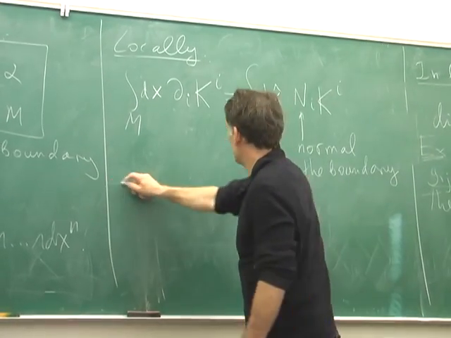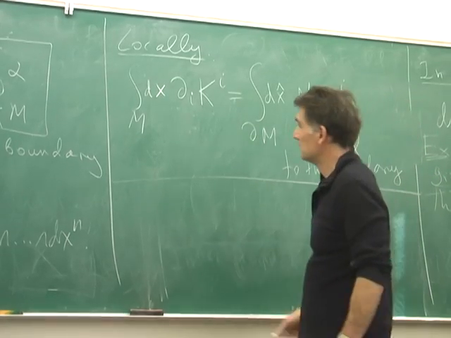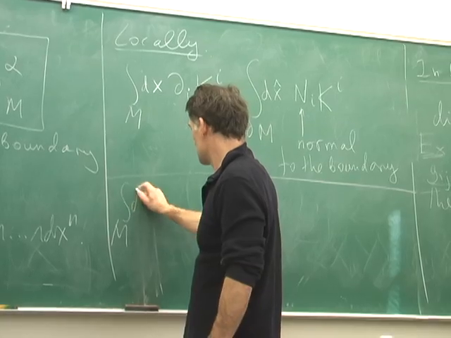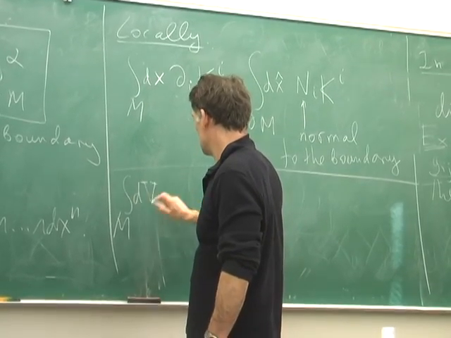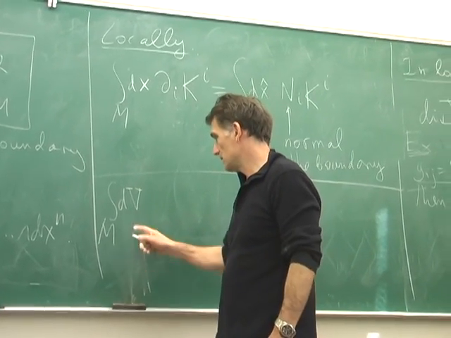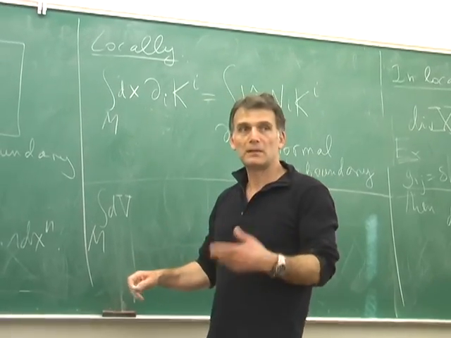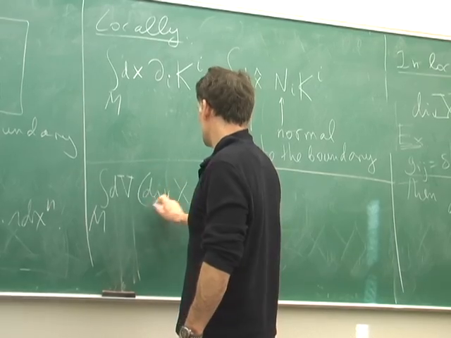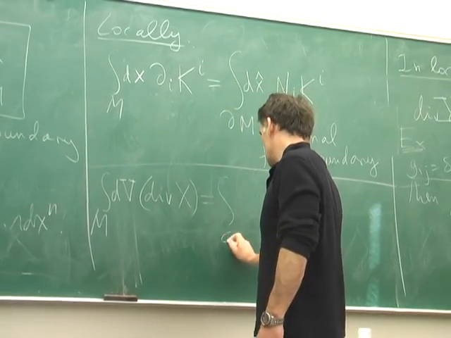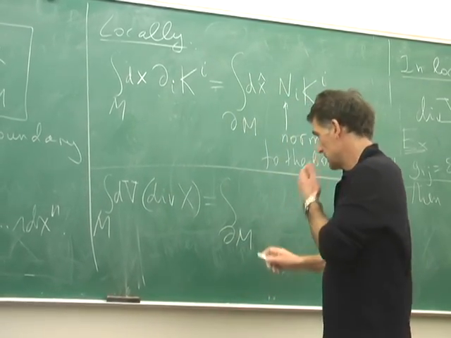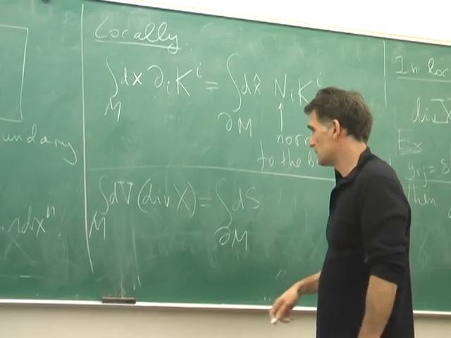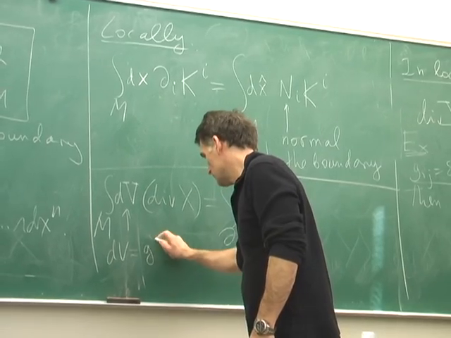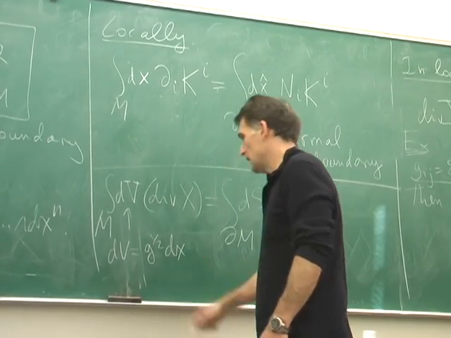So, when you generalize it to a curved manifold, then this looks like this. Let me call it this dV. This dV is the Riemannian volume form. And then you have the divergence of a vector field. And here is dS. That's basically, dV is g to the 1/2 dx.